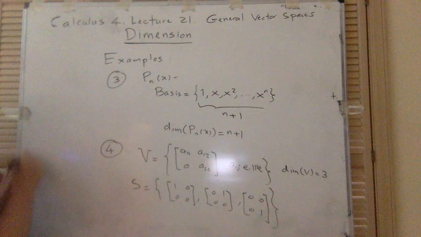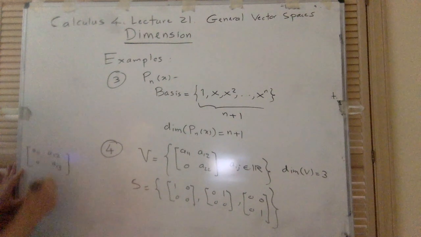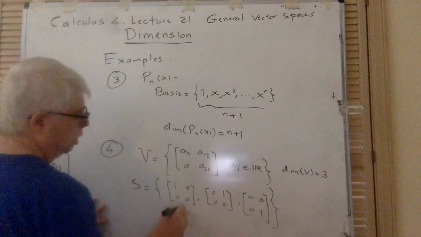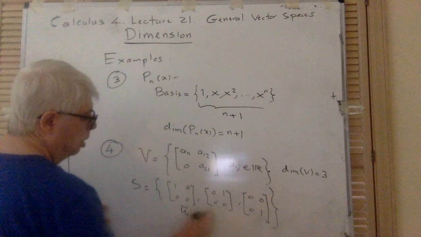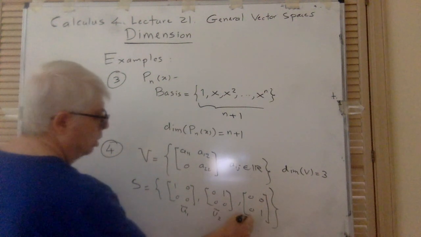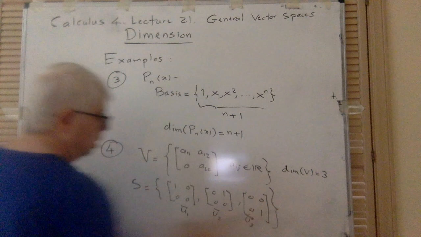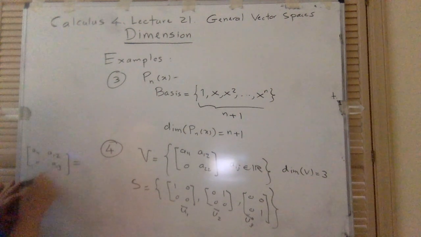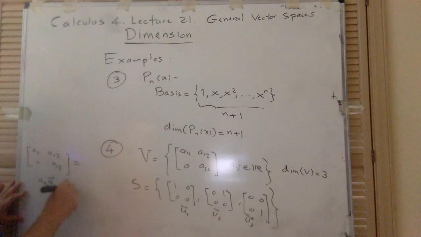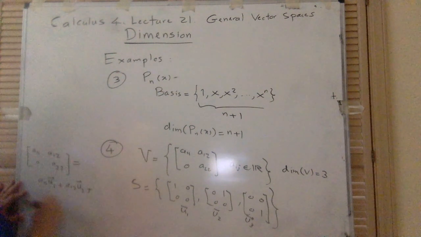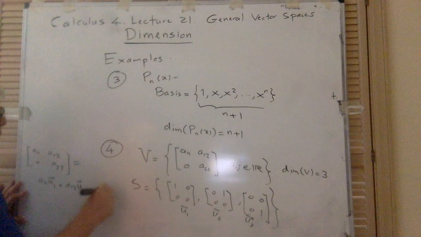Let me write it as A11, A12, 0, A22. If I call these U1, U2 and U3, then this will be A11U1 plus A12U2 plus A22U3.